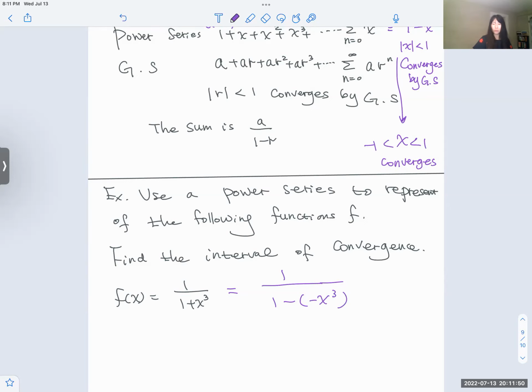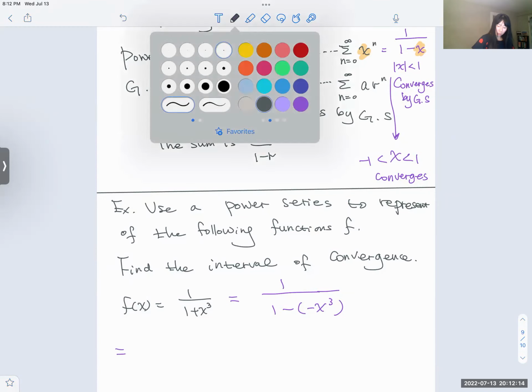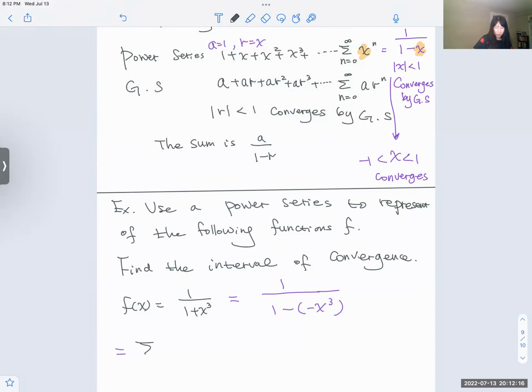Because we have the same form, 1 over 1 minus x, we follow the same format: x here, x there. So this will be the series n equal to 0 to infinity of negative x to the third power, to the n.